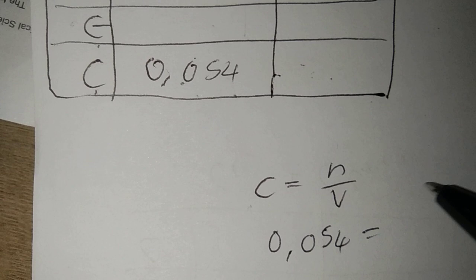Now we go back to our first mission, which was to get our Kc. The Kc says concentration of product over concentration of reactants. Now we write it like this. These brackets show that it is concentration: 0,812, and we have 0,054.